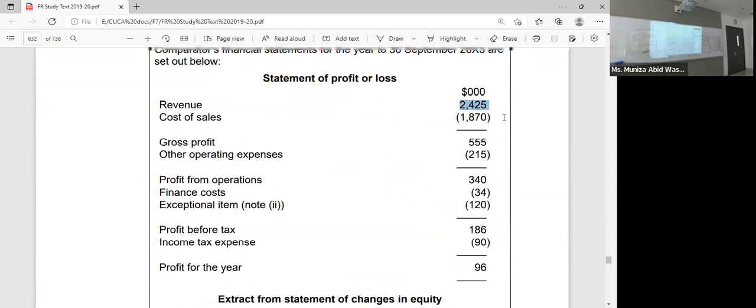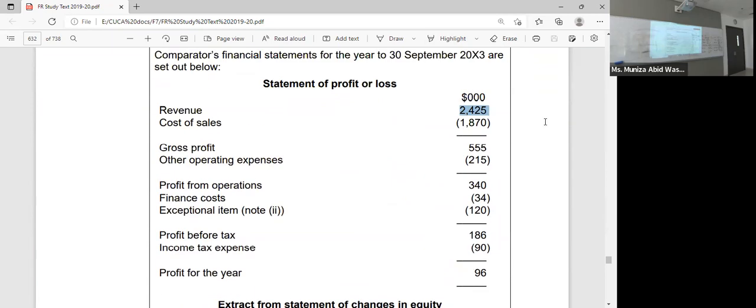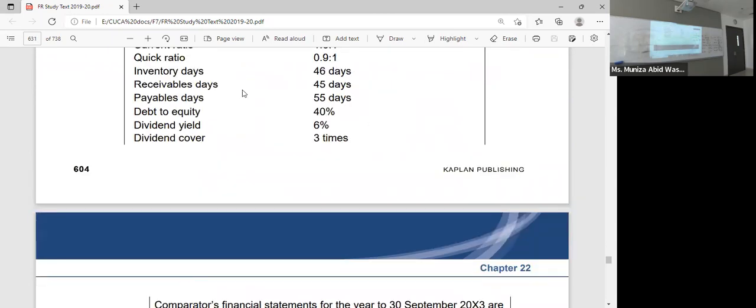So 320 divided by 2425, how much? 48 days. Now, your receivable days are 48 and the industrial average is 45 days. It means that your company is taking 3 more days to receive back the amount from the receivables. The organization is taking 3 extra days to recover the amount from the receivables.